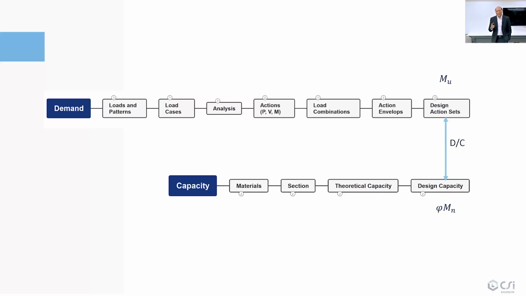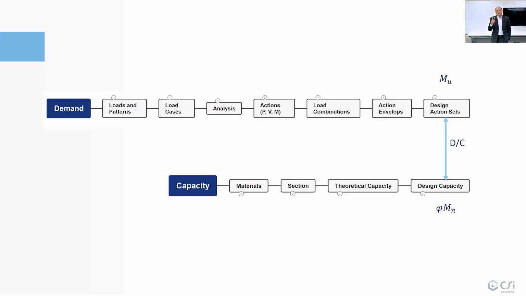So now if you look at the demand side, let's say we're talking about applied bending moment and bending moment capacity. I'm using the ACI kind of notation, for example, Mu and Mn and phi, but other codes have similar concepts as well. For the demand, it travels a long way from the load patterns to load cases to analysis to calculating the forces, then load combinations from those basic forces, then action envelopes and design action sets.